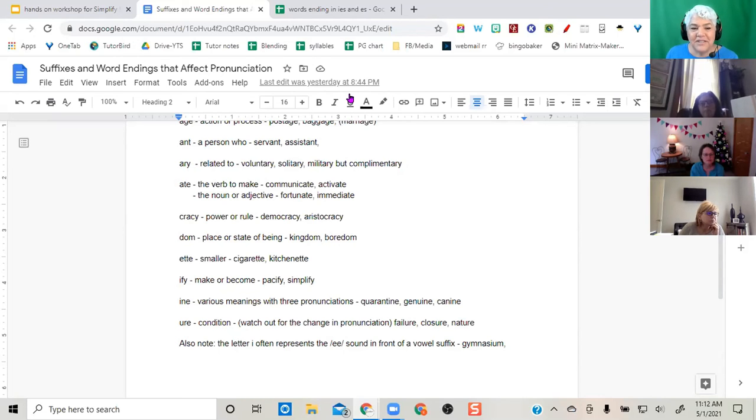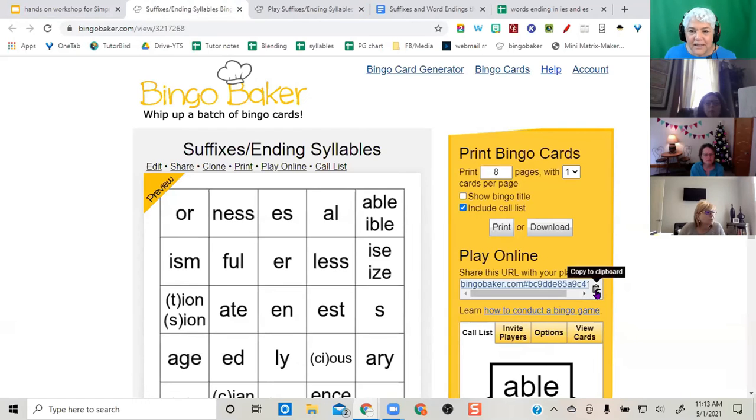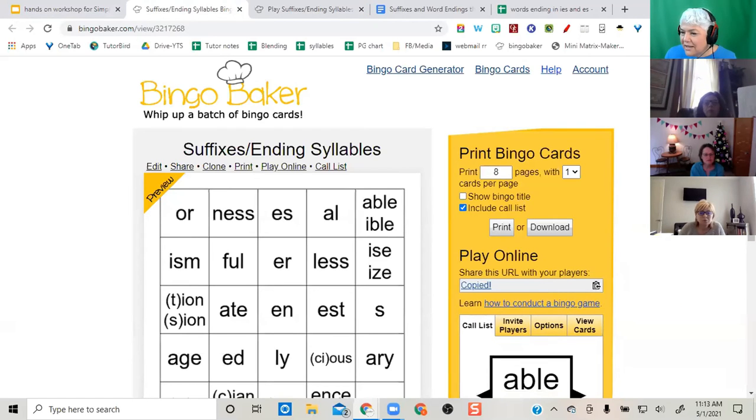What I often do is I do mini lessons like in a bingo game when I just need to do a change of pace in my lesson. So this is not explicit teaching. This is, okay, we're going to take a break. I'm going to use this break time to do a mini lesson. So in fact, here, I'm going to send this to you, and let's copy the link, sending it to you in chat.